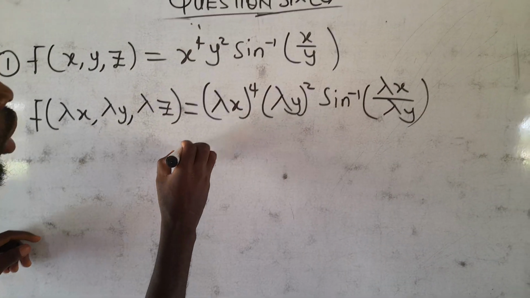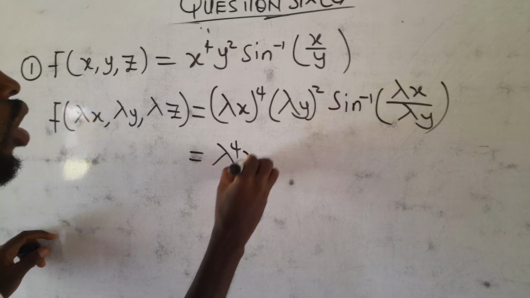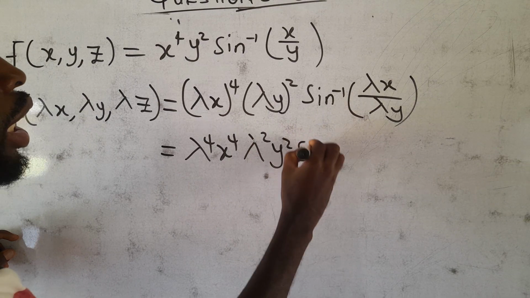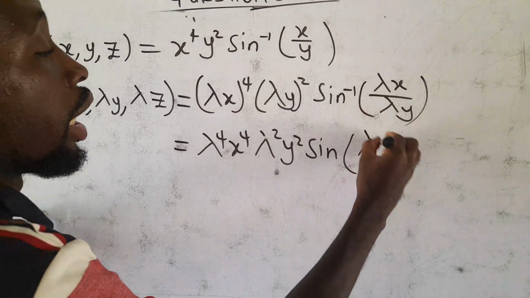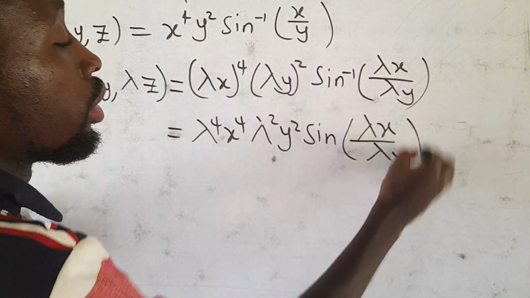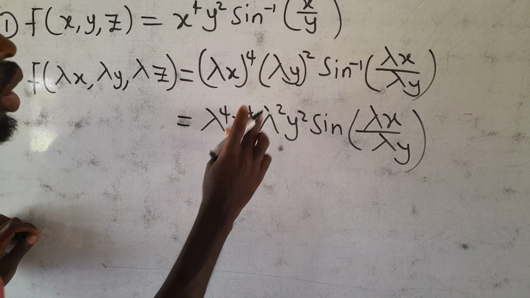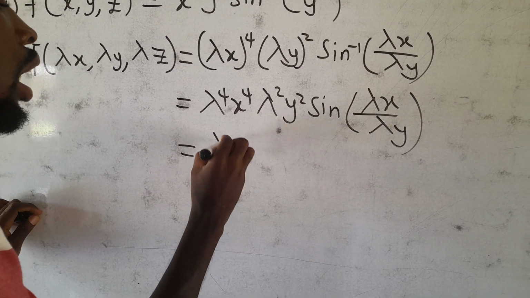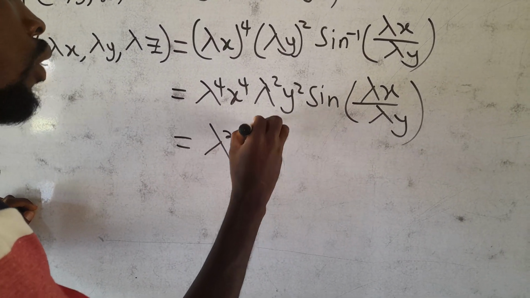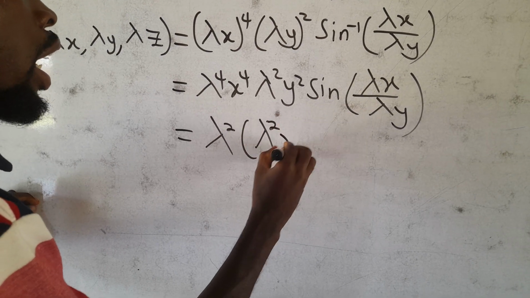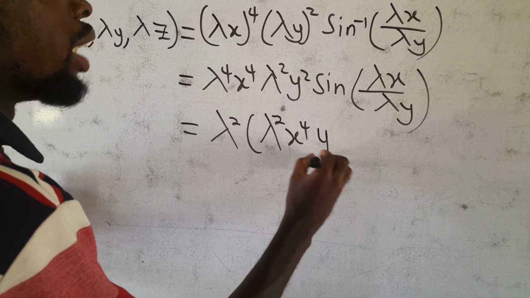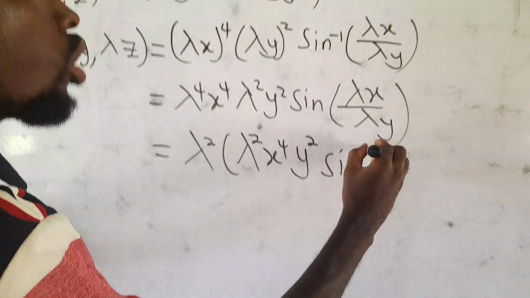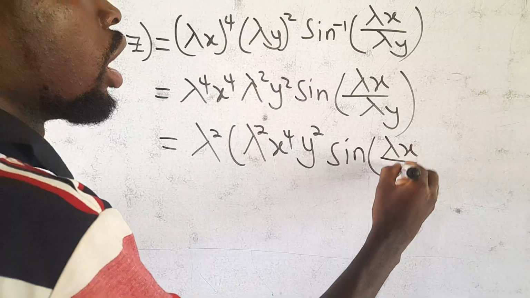We try to factor out. So this will be lambda exponent 4, x exponent 4, lambda square y square, then we have sine inverse of lambda x over lambda y. What happened? We try to factor out a common parameter of lambda. What common parameter here? We have lambda square out. We will be left with lambda square x exponent 4, then y square, then sine inverse of lambda x over lambda y.